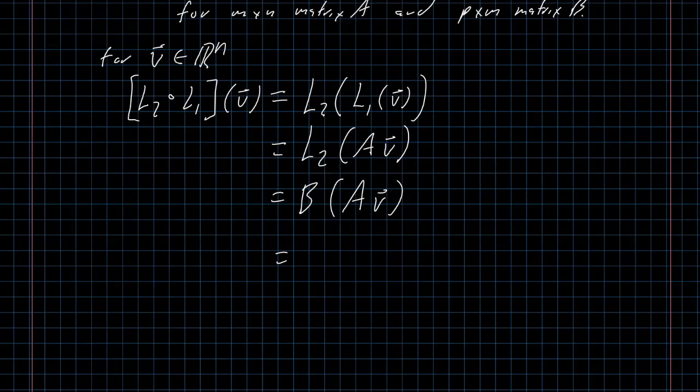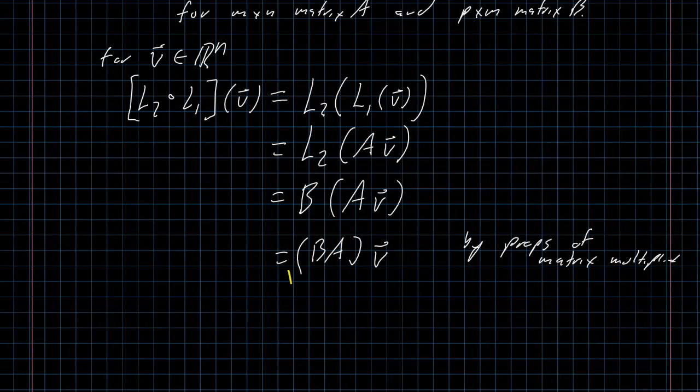So using the associative property of matrix multiplication, I can rewrite that instead of B times AV, it's B times A multiplied by V. And whatever B and A are, the important thing is that B times A is a matrix.